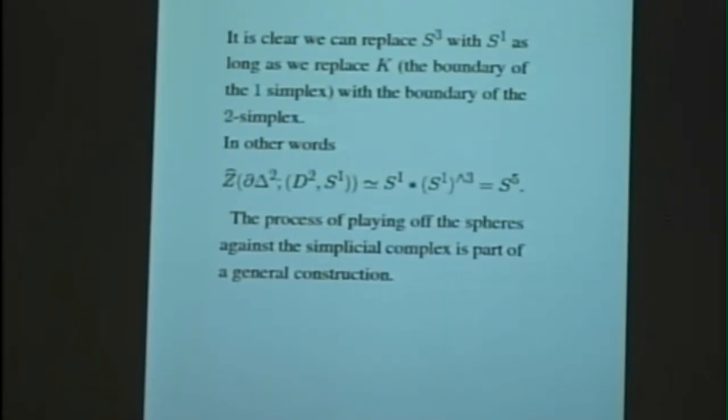We could do that, as it turns out in this example, by replacing the simplex with something bigger. So if I take Z hat of the boundary of a 2-simplex, now there are 3 vertices, but I do D2, S1, the wolf, I get the 5-sphere again. This process of playing off the spheres against a simplicial complex is part of a very general construction, which I'd like to describe.